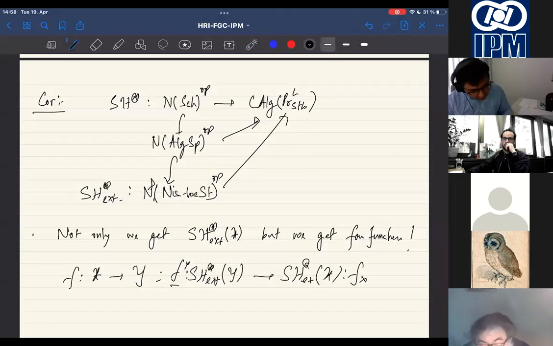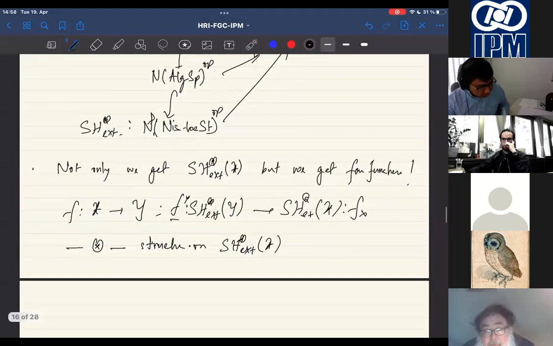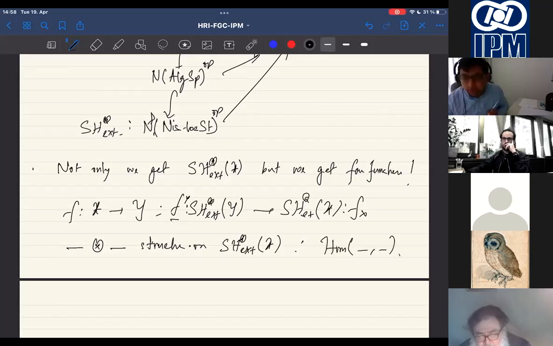And as my category SHE of X lies inside the symmetric monoidal structure, the commutative algebra objects, this means that we also get a tensor structure. And in a similar way, as tensor and Hom are dual to each other, you get Hom also.